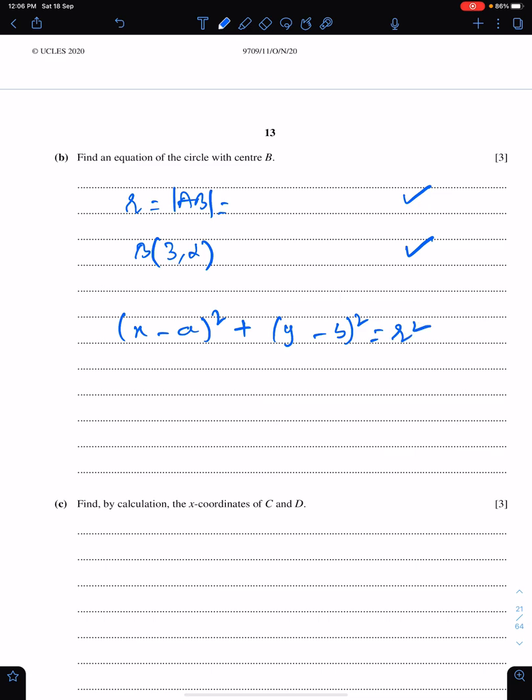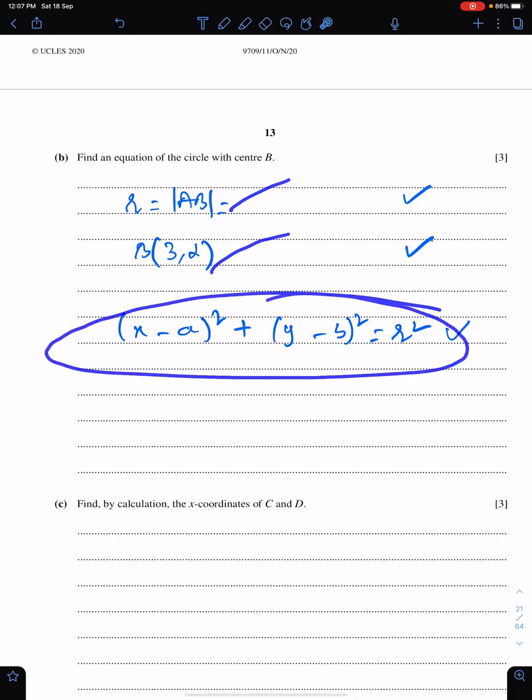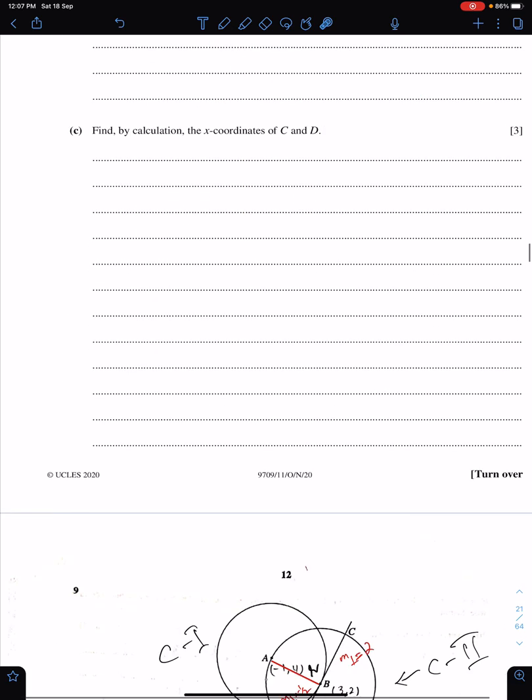So by using these 3 things, number 1 radius, number 2 center, number 3 standard equation of a circle in completed square form, we can get the equation of the second circle with center B. So we need the radius, and we need to substitute this and this into this equation.